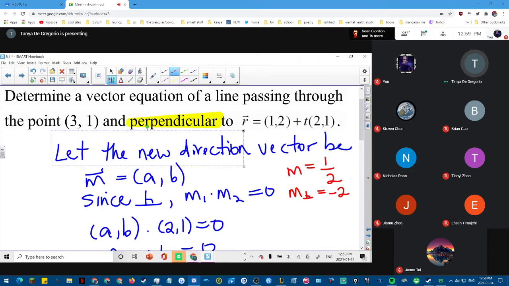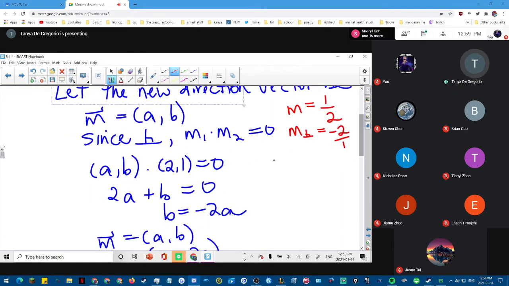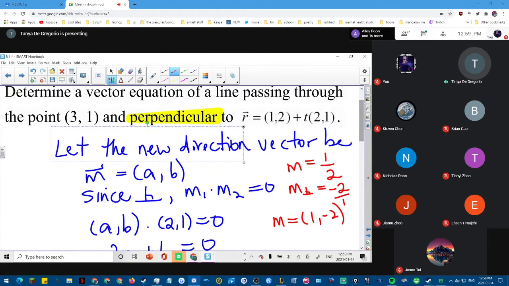You sure do. I take the negative reciprocal, which is negative 2 over 1. And now writing this as a component, it would be that, wouldn't it? Or negative 1 comma 2. So all I had to do here was look at this and take the negative reciprocal of that.